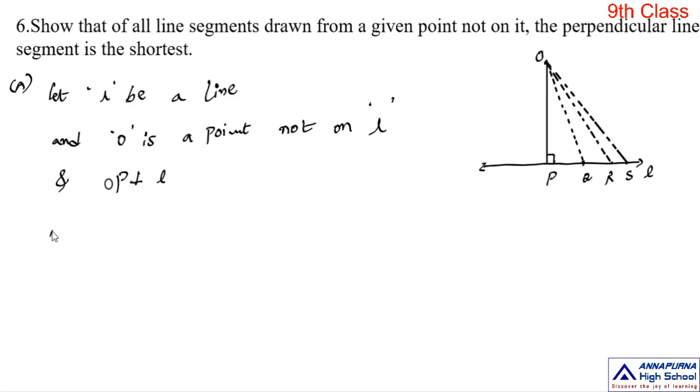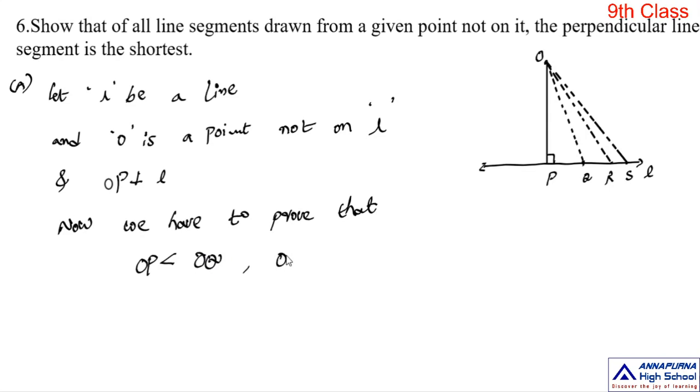Okay, now we have to prove that OP, the perpendicular distance, is less than OQ, OP is less than OR, and OP is less than OS.